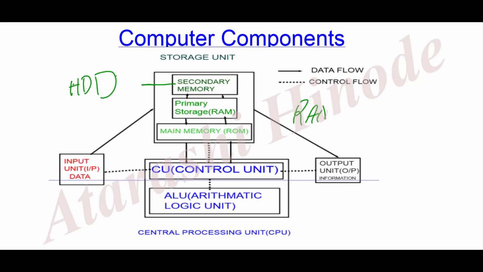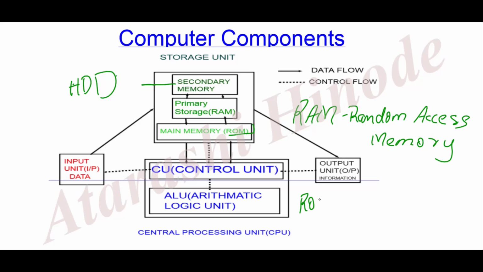RAM is the abbreviation of random access memory, whereas the main memory ROM stands for read-only memory.